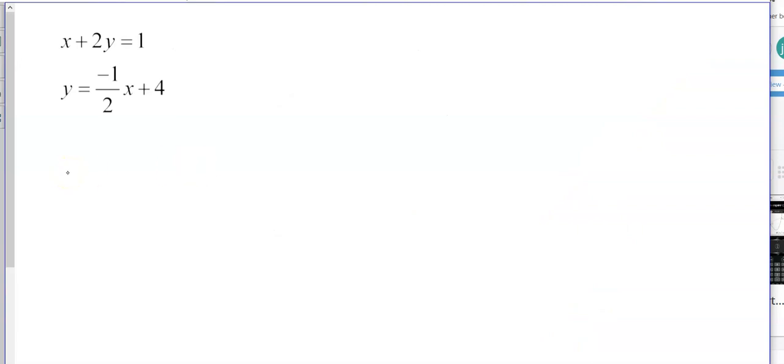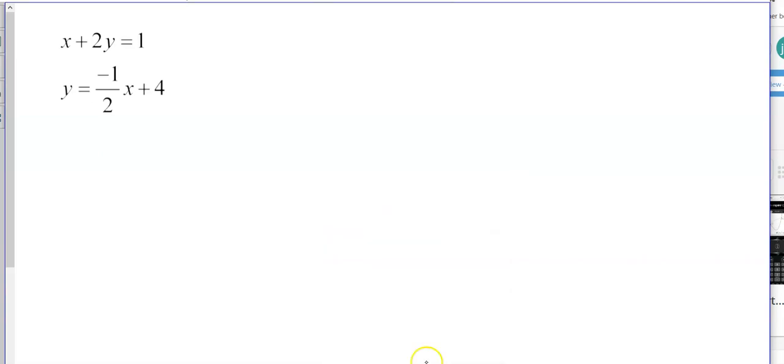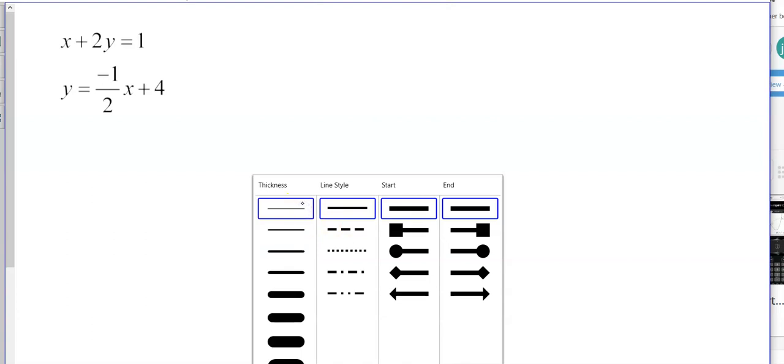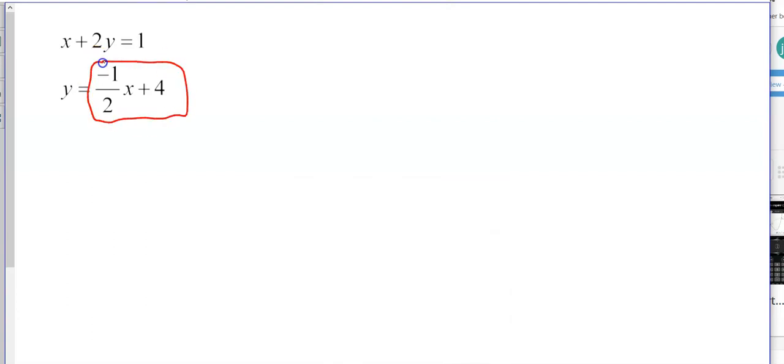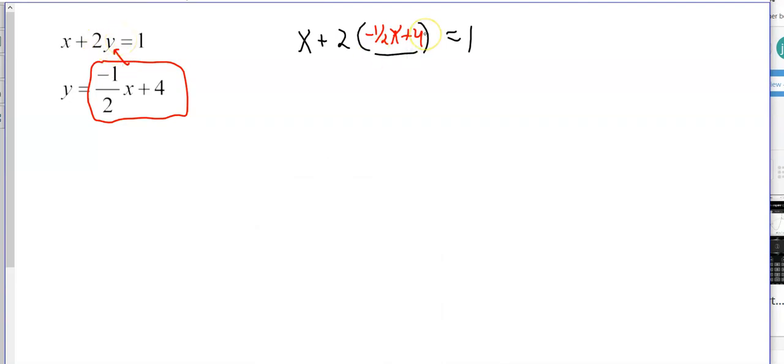Try this one. We just did elimination, so let's do substitution. It's kind of set up for it, right? If I were to choose, I would choose substitution. So again, we're just substituting in. I plugged in -1/2 x plus 4 everywhere there was a y. And so then we're just going to distribute here. So x minus 2 times 1/2. Half of 2 is 1.